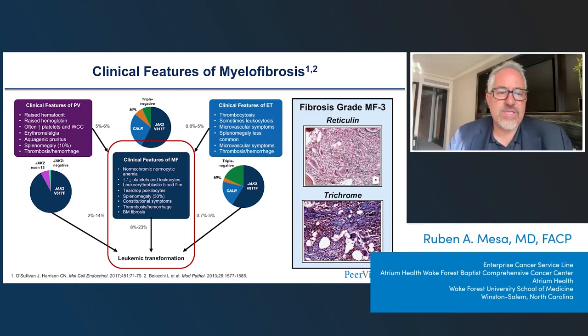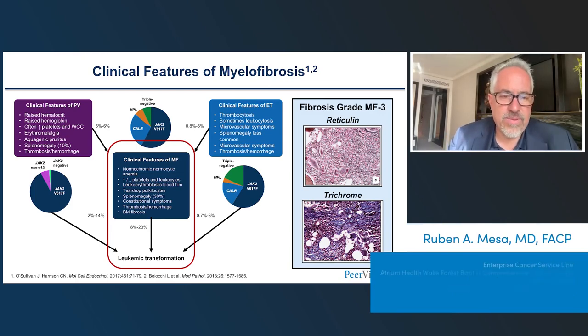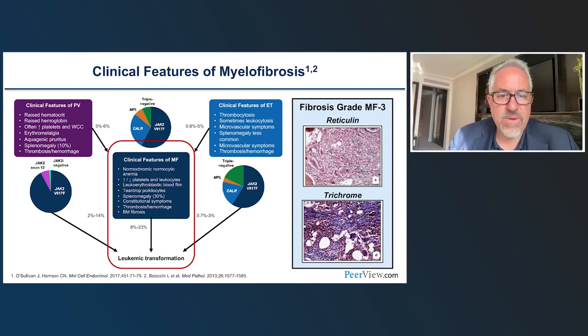And again, this is a disease that can originate in the primary state or evolve from ET or polycythemia vera. In earlier disease, of course, patients can face a variety of difficulties: high counts, certain sets of symptoms, risk of thrombosis.